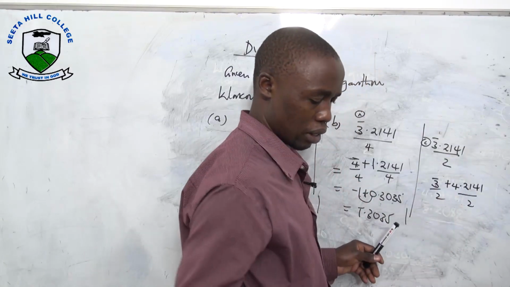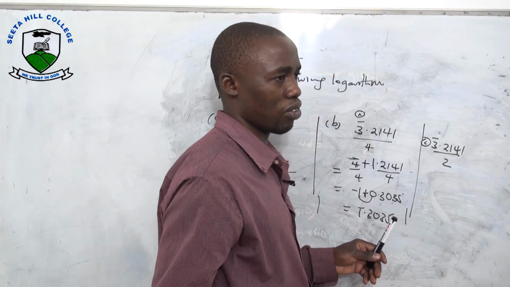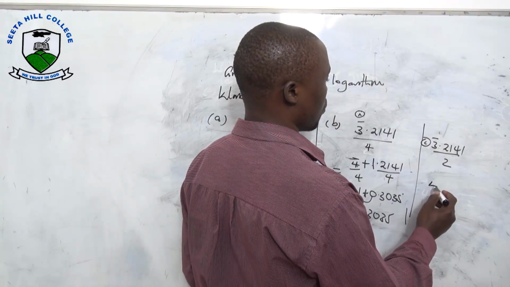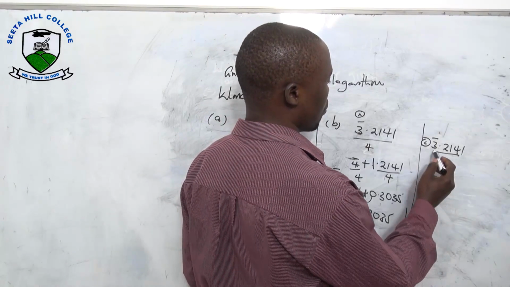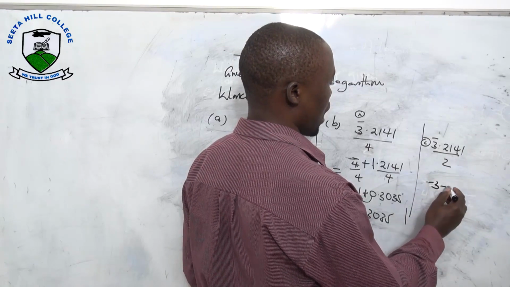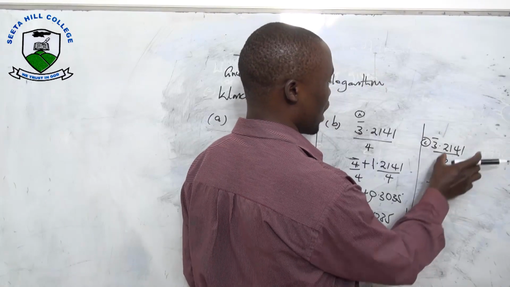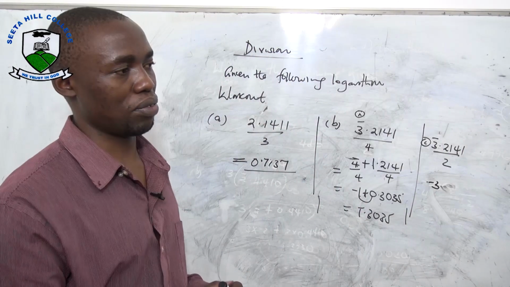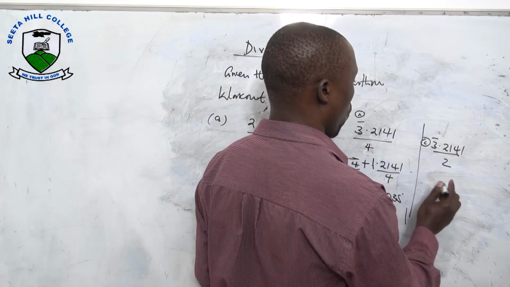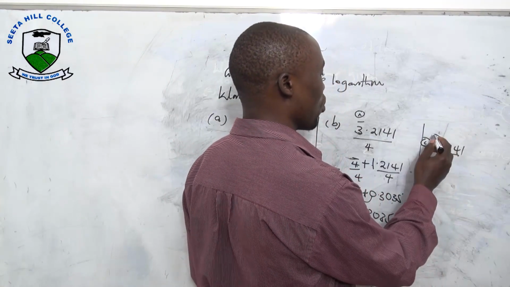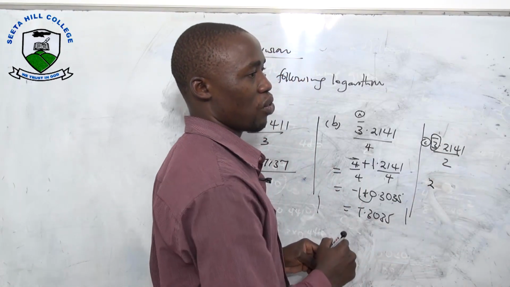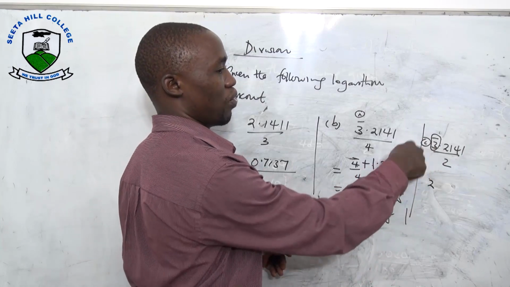Wait, this is being confused. Not so? So if we separated here, negative 3 minus 1, we need the other part to remain positive. Teacher, we can use 2. We can use 2 itself. No, if we use the 2, what do you add to 2 to get negative 3?